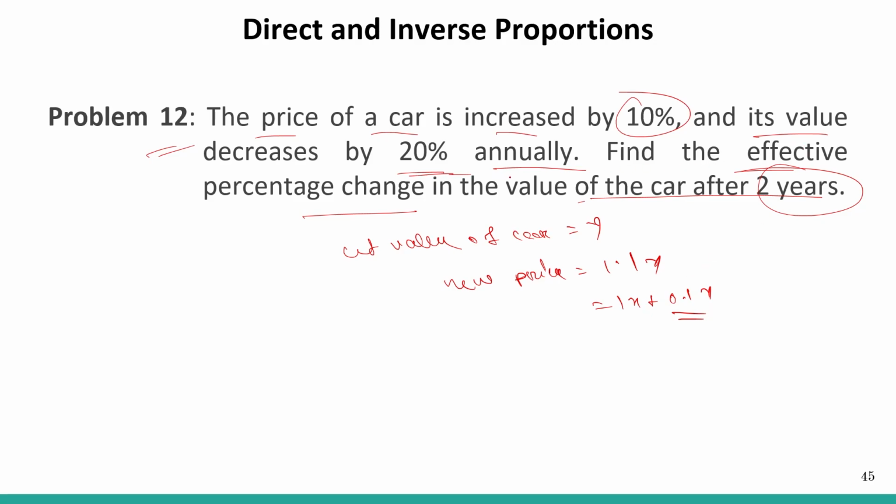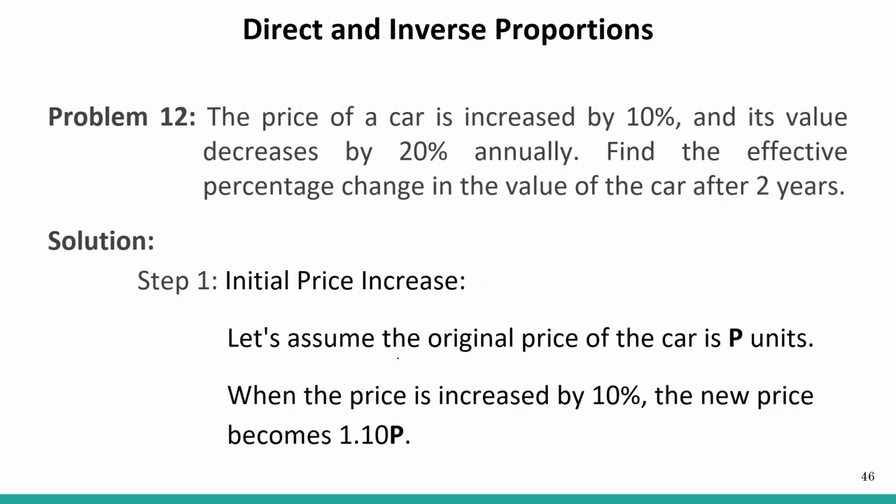The value decreases 20% annually. This is the hiked price at which a customer buys, so he bought it at 1.1x rupees. After 1 year, its value decreases by 20%, so 20% of 1.1, that is 1.1 into 0.2.